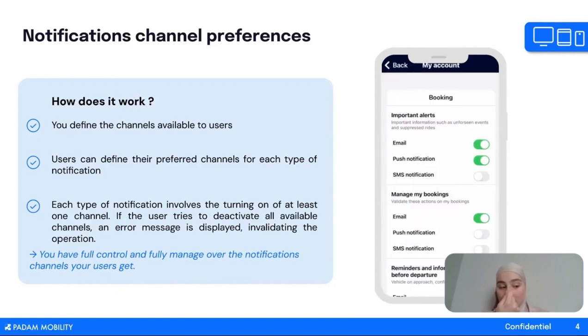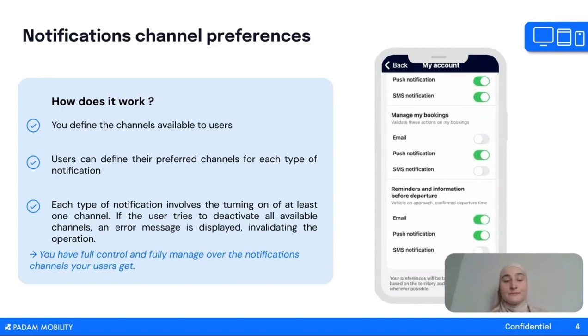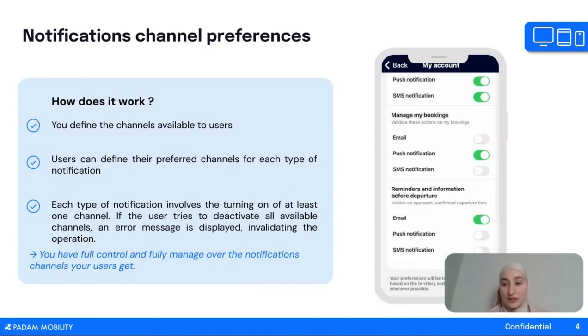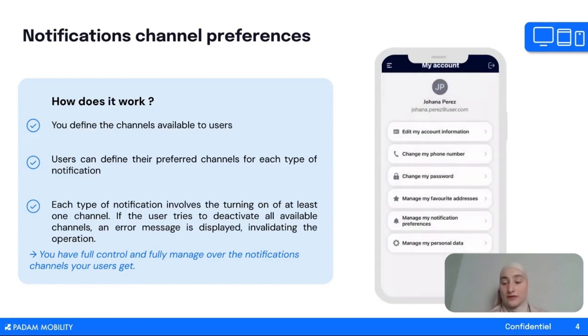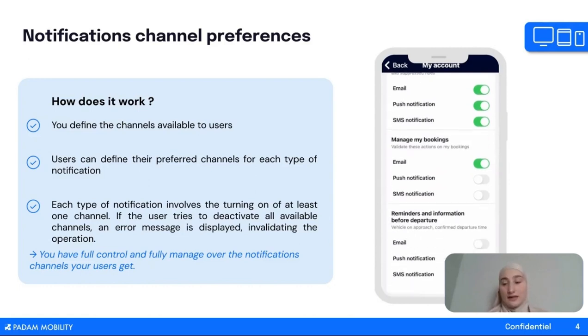There is no maximum number of activated channels, which means that if you activate the 3 notification channels, users can totally activate all 3 of them. However, there is a minimum, and users are not able to deactivate all 3 channels. If they try to, an error message will be displayed informing them that this is not possible and that at least 1 channel must be activated.